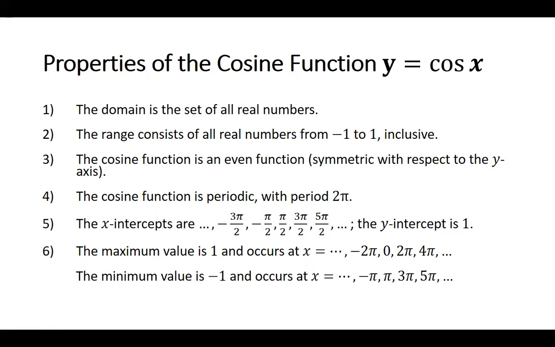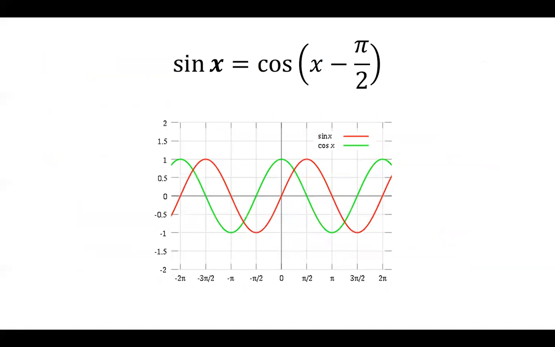Now, as I said, very similar to the sine function, and this next slide will show that relationship, that the sine of x is actually the cosine of x minus pi over 2. Now remember, since that pi over 2 is attached to the x and it's got a minus, that means it's shifted to the right by pi over 2.